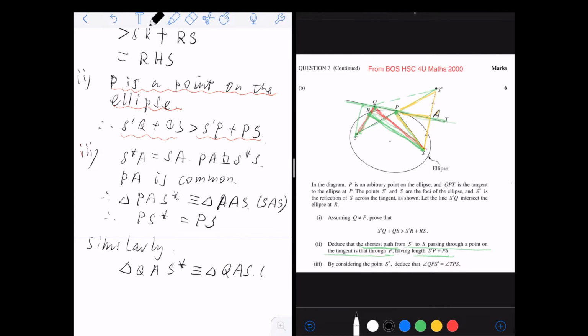Same reason, SAS. Then we can say therefore QS star is also equal to QS.